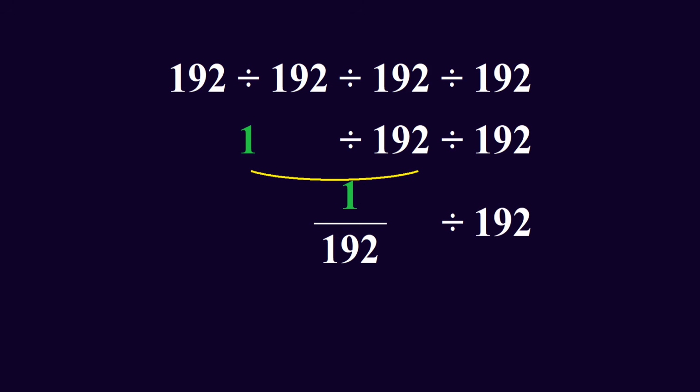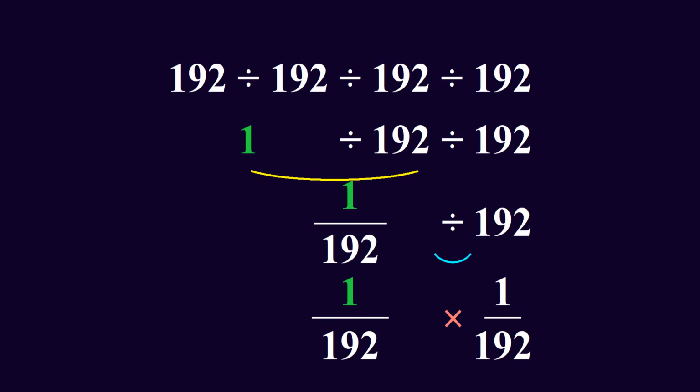So we must keep the first fraction 1 over 192 and change division to multiplication times. Then flip the second fraction 1 over 192, which equals 1 over 36,864. And this is our final answer for this problem.